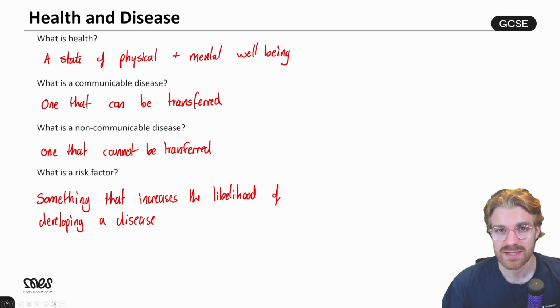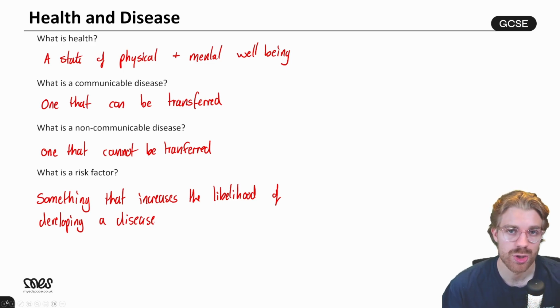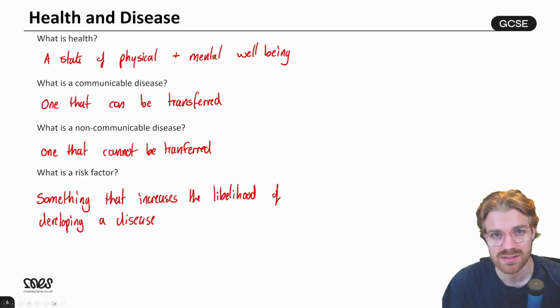There are some risk factors that there is no choice element to. So for example, someone's genetics, someone's ethnicity, someone's age as well. Risk factors can also interact with each other. Someone who smokes, maybe they struggle to exercise, which means they have a lack of exercise.